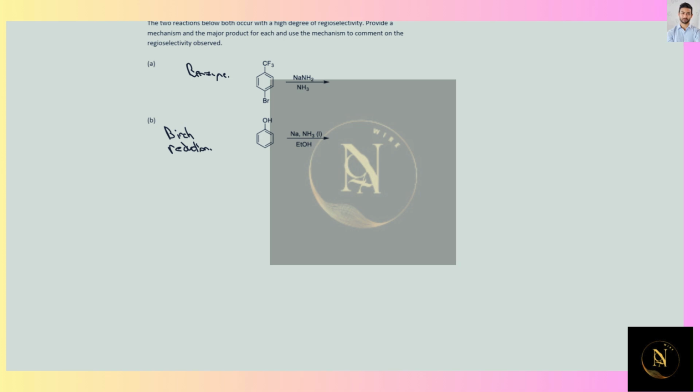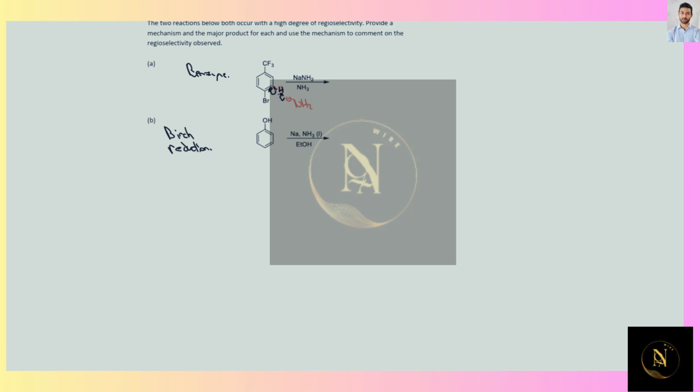So, for the first case, what is going to occur is that initially the NH2 negative is going to take away one of the hydrogens on our benzene ring, and the pair of electrons will go to generate our benzyne intermediate.